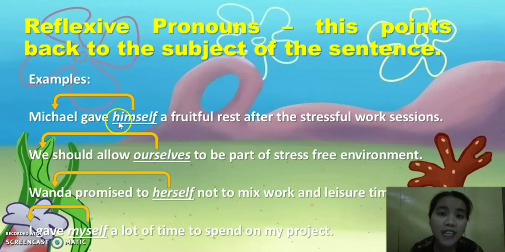So you can see our reflexive pronoun is going back to the antecedent. And there is also a space here, a word, which is in between the pronoun and the antecedent. Okay? Now let's see the difference of the intensive pronouns class.